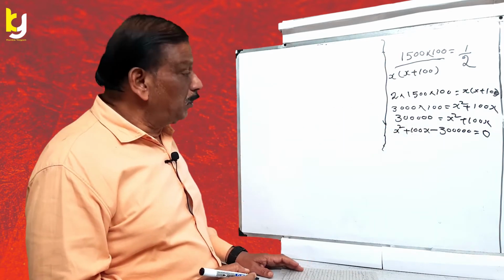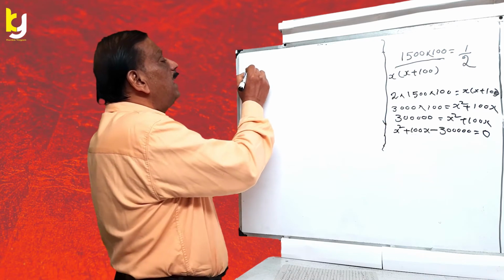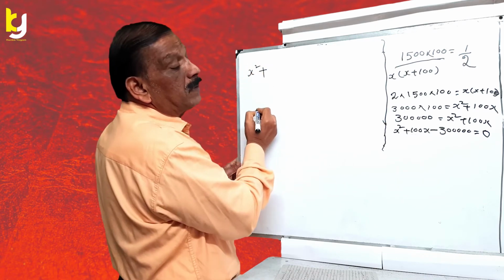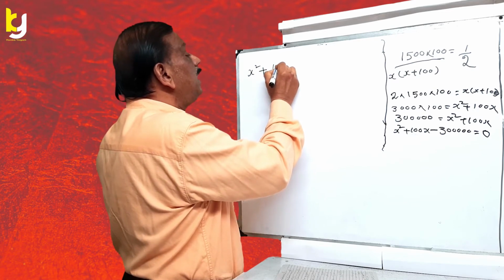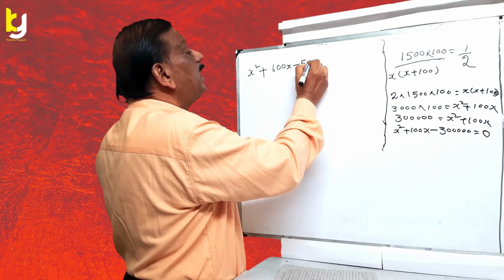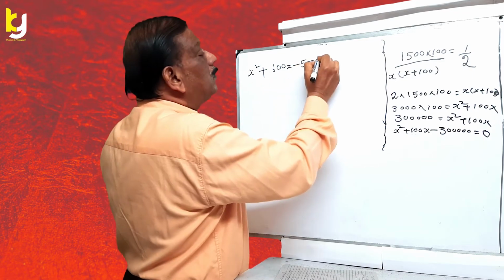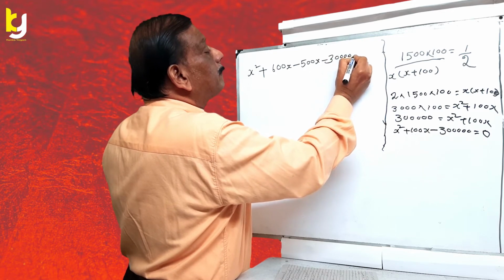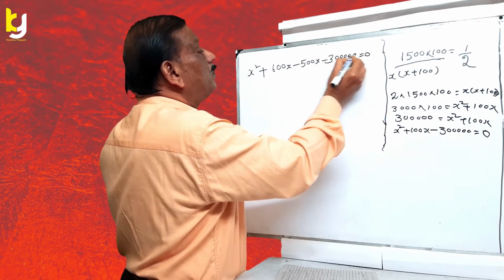Split the middle term. Therefore, x square plus 600x minus 500x minus 3 lakhs equals 0.